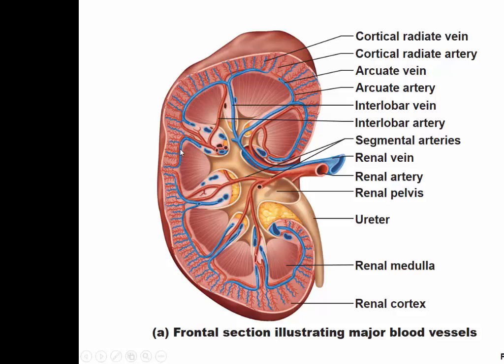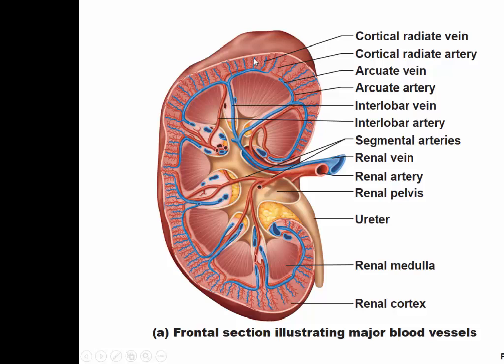We call these the arcuate arteries and veins. So the blue is the vein, the red is the artery. And I kind of think of it as like they're making an arc. So it's a good way to remember that, arcuate vein. And interlobar is just between these renal pyramids. So this is the interlobar vein, interlobar artery, and then the arcuate vein and artery.